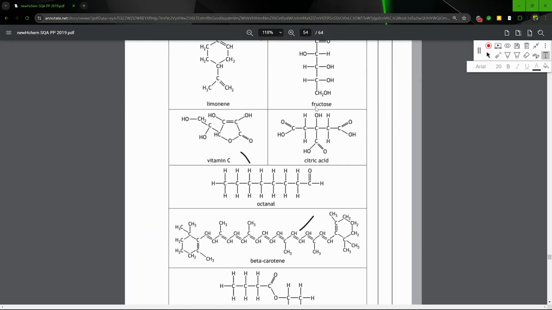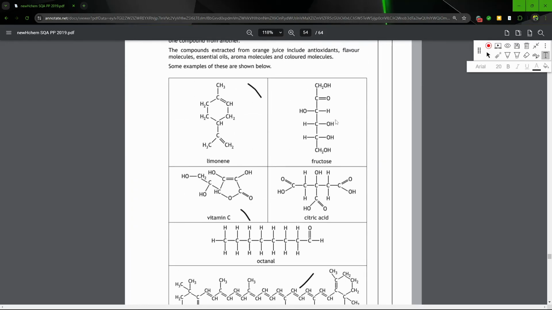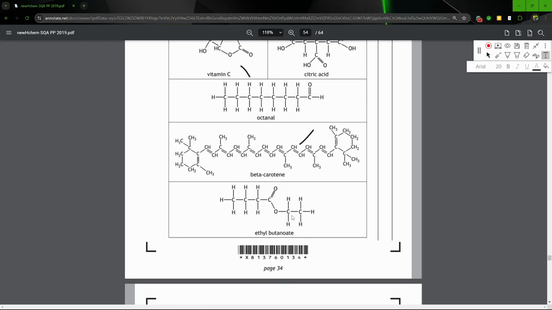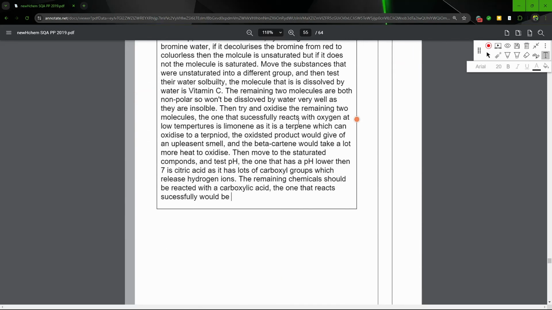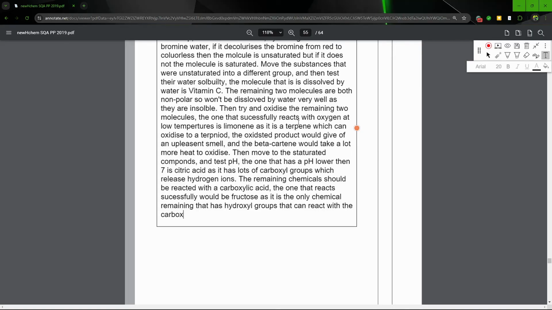Fructose is the only one with OH groups because we've removed citric acid from the equation, so it would have to be fructose, as it is the only chemical remaining that has hydroxyl groups that can react with the carboxylic acid in a condensation reaction.